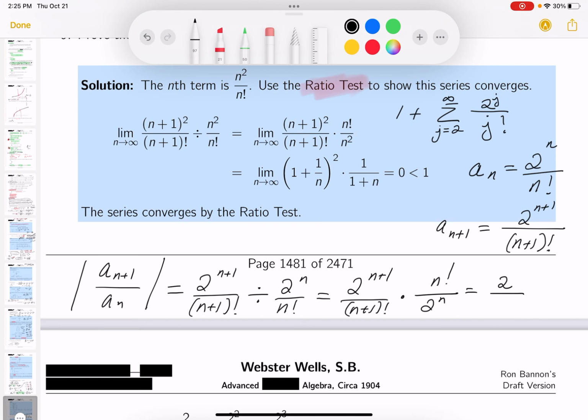The top is n factorial, and the bottom is n plus 1 times n factorial. They cancel off. You're left with n plus 1. A lot of work, right?